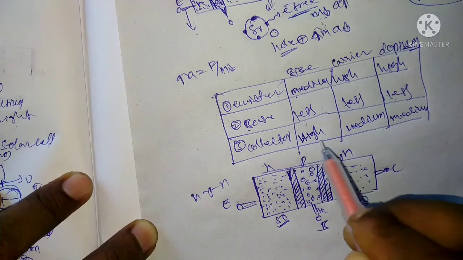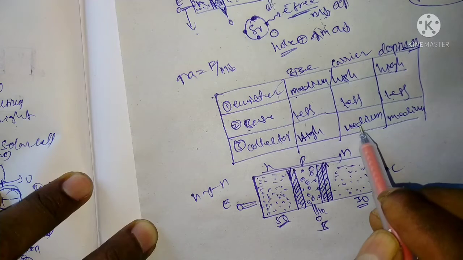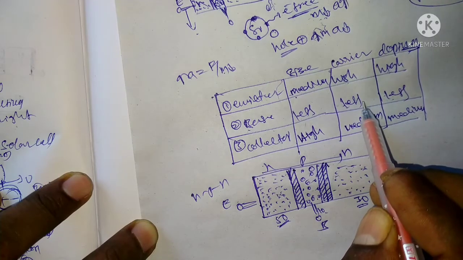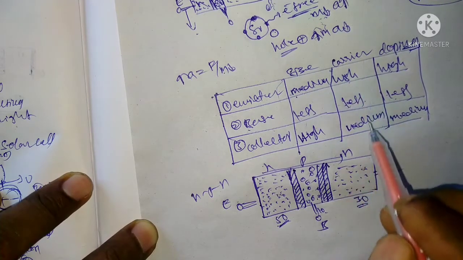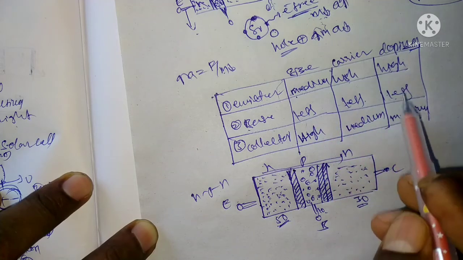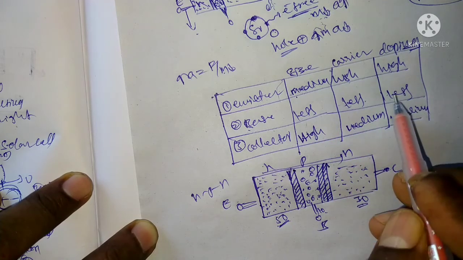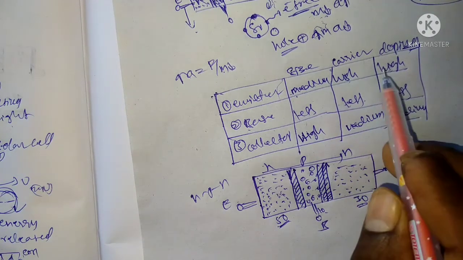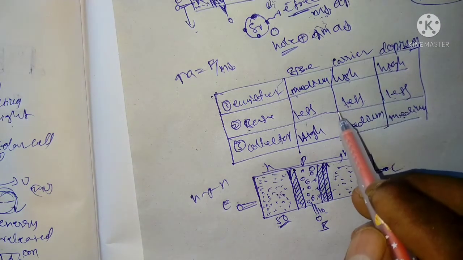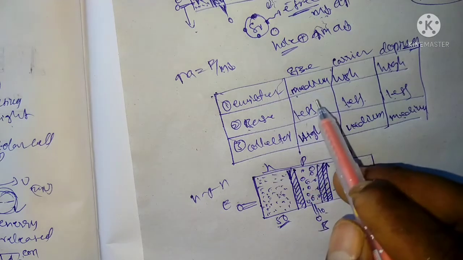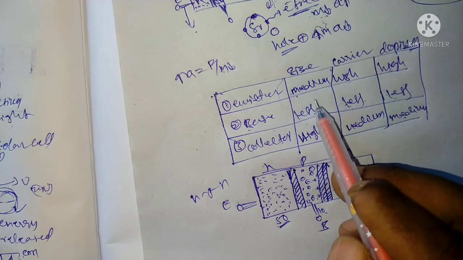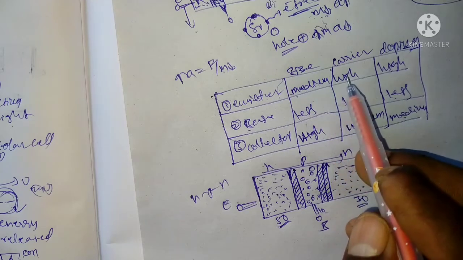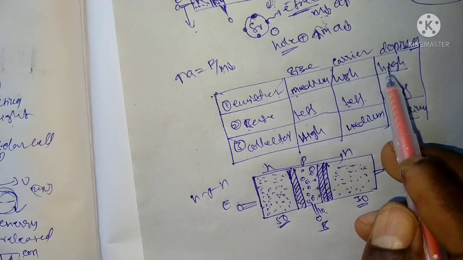Everything is medium, above the base and below the emitter, in carrier concentration and doping concentration. These are the segments in the transistor, like size, carrier concentration and doping concentration.